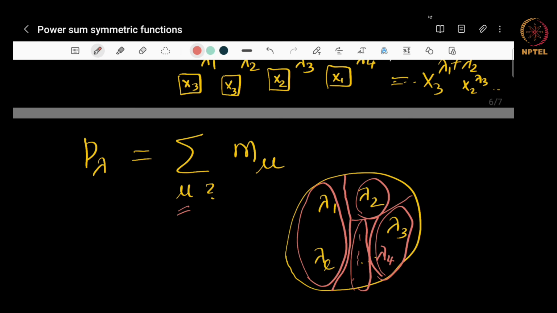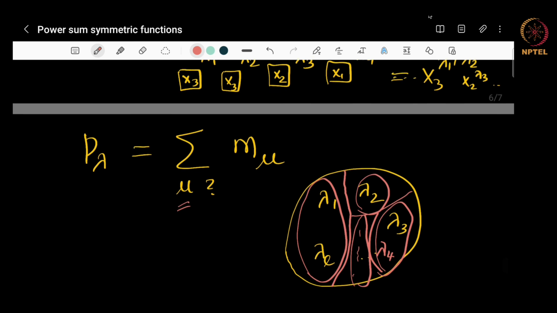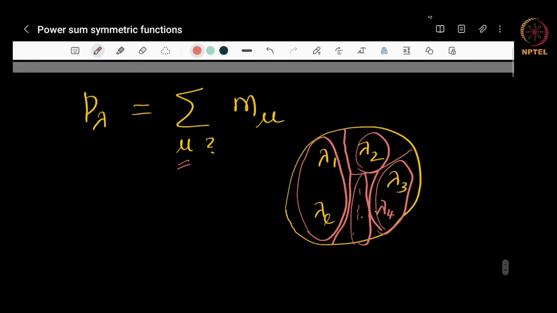I'm not giving you a very precise definition here, but the basic idea is that the parts of the partition mu are obtained by the following process. You write out the parts of lambda, split them into some disjoint classes, and add up the numbers in each class.